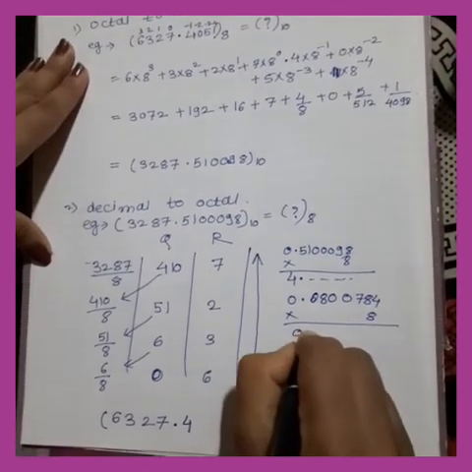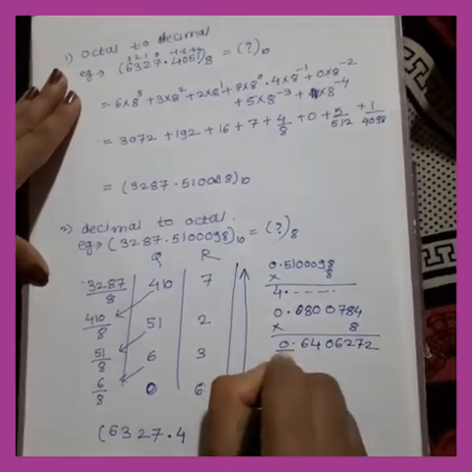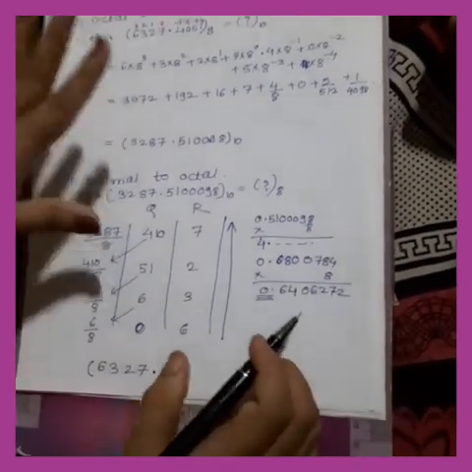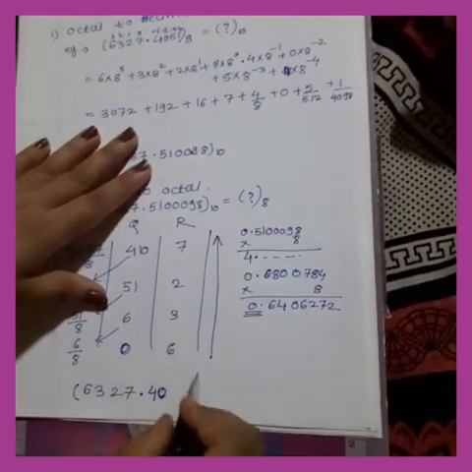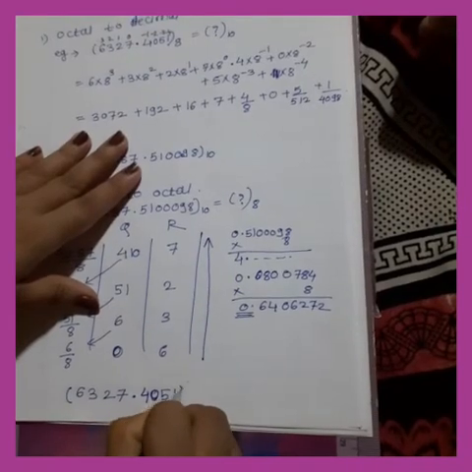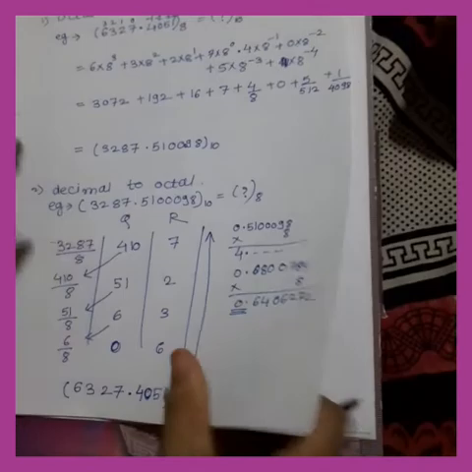Answer will be 0.640627. Now this 0 will come over here. You have to do multiplication for at least 3 to 4 times, and by doing this you will get the answer as 51. So this is how we can convert the given decimal number into octal form.